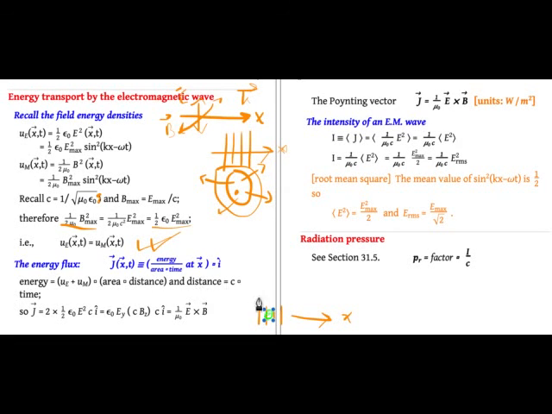And the distance is the speed times the time. This is the time while I'm watching the energy flow through this little area. So I've got this area A. The amount of flow of energy through A is all the energy in this little volume, where this length is c times the time.